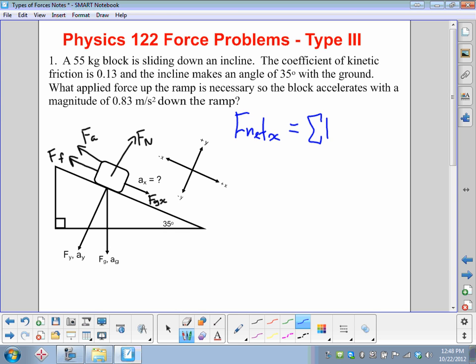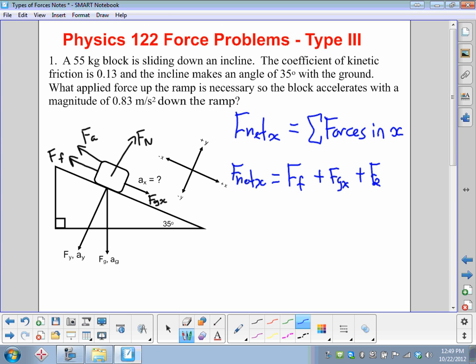So it's the sum of the forces in a particular direction. Now in this case, it's our x direction. So let's write down every single force that's there in the x direction along the plane of the ramp. We have the force of friction. We have the force of gravity along the x direction, and we have the force applied.